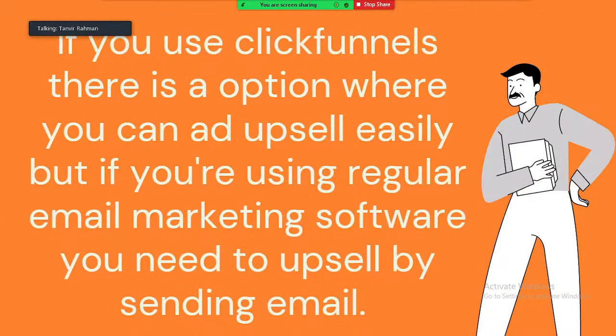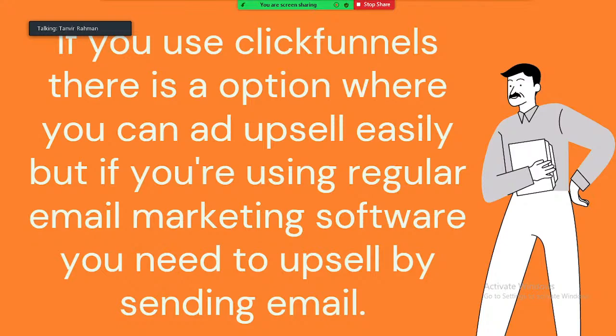If you're using ClickFunnels and creating a landing page there, there's an option where you can easily add an upsell. But if you're using regular email marketing software, you need to use the upsell when you're sending them the email. When you send a freebie, you can give them a link: hey, get this one-time offer for this amount of money, maybe $7, $5, $10 or something like that.